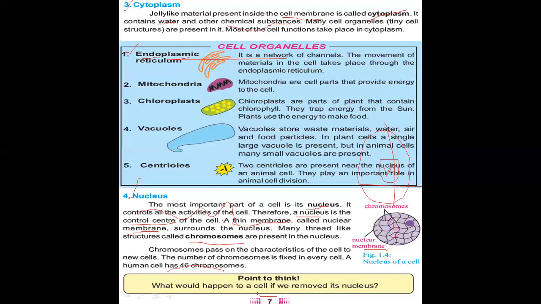They are a network of channels because they are channel-like structures, and they pass through all the cells, and they take some materials from one place to another. Channels, roads, and pathways. Number two is mitochondria. Mitochondria, simply it provides energy to the cell, but that is not actually a simple process. You will study it in next chapters as well.